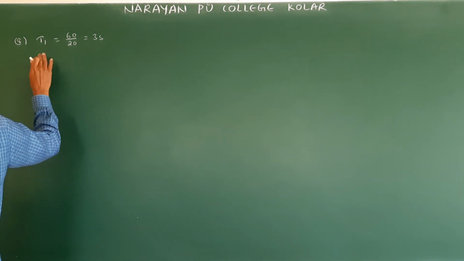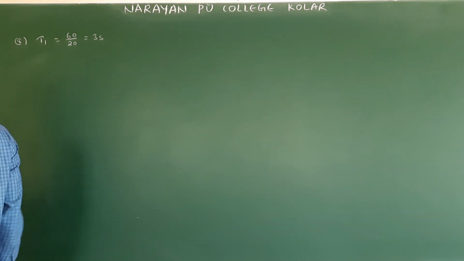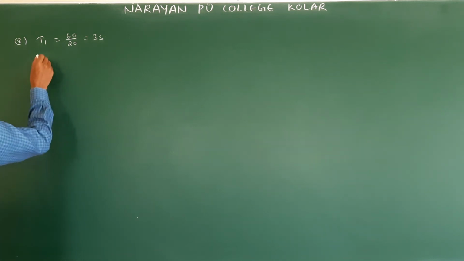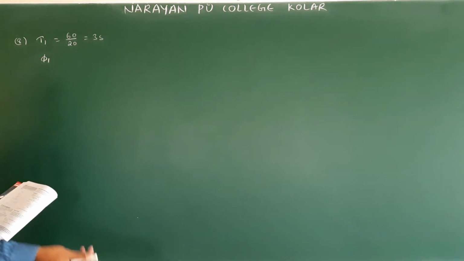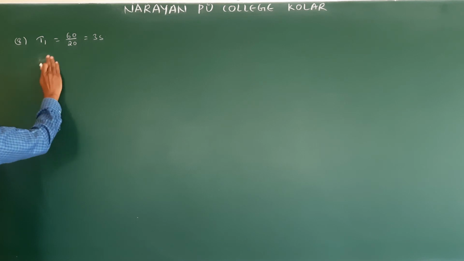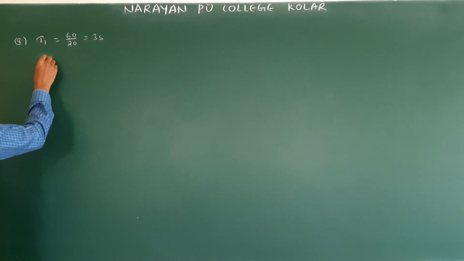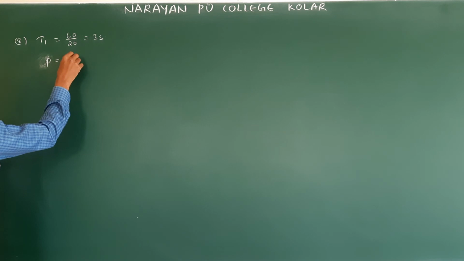We are taking dip, you don't confuse. If I take phi 1, I have taken it as apparent dip. So don't confuse in this case, phi 1, or we will take a different one, let us say beta, or we will take phi only, no problem. Here phi is equal to 45 degree.